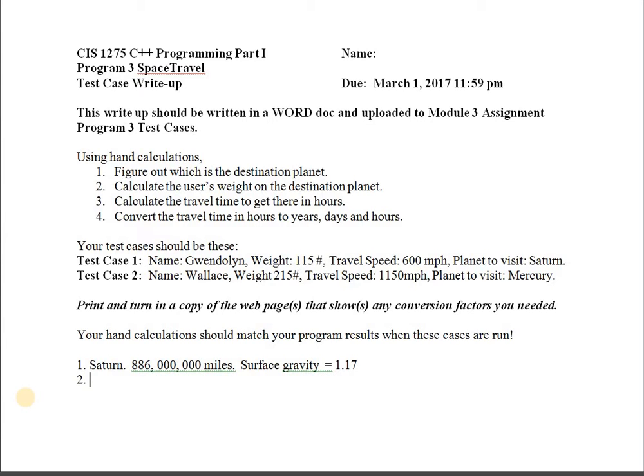Okay, number 2, calculate the user's weight on the destination planet. Well, the user's weight is 115 pounds. So, weight on Saturn equals 115 times the ratio of the surface gravity as a percent of Earth's gravity.